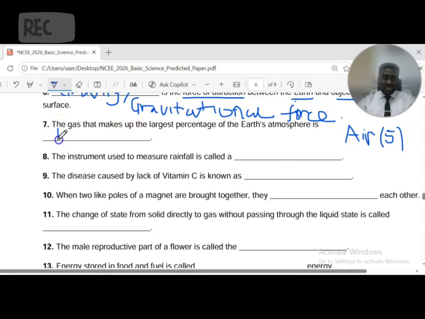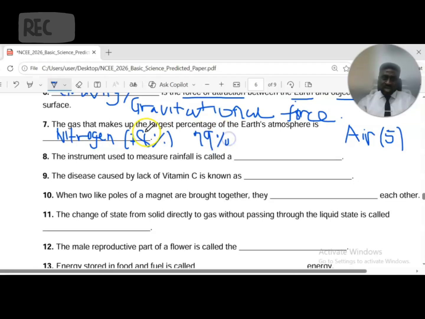The answer is nitrogen. You know why it is nitrogen? From statistical research, it shows that it occupies 78% of the Earth's atmosphere. I've seen in some textbooks where some authors say it's 79%.